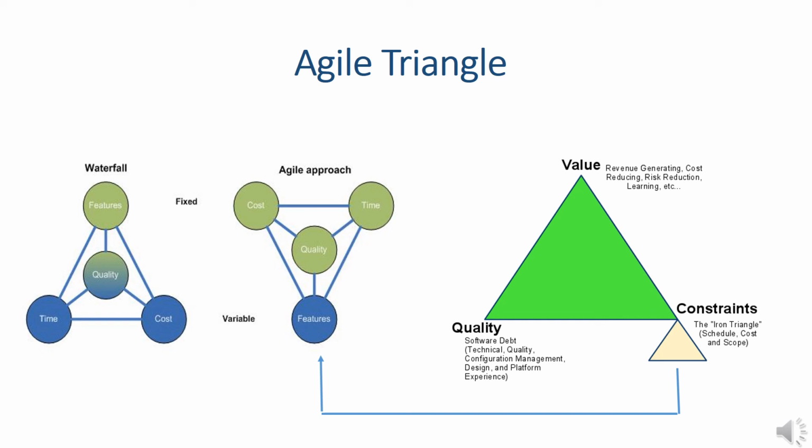Now, why do we say the scope, cost, and time in Agile is a constraint? Think of it as a boundary in the project. Suppose you are planning to give a very high profile kind of feature, say Wi-Fi charging, in a base model of a phone, right?